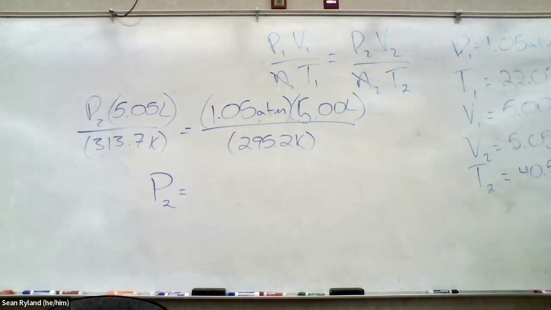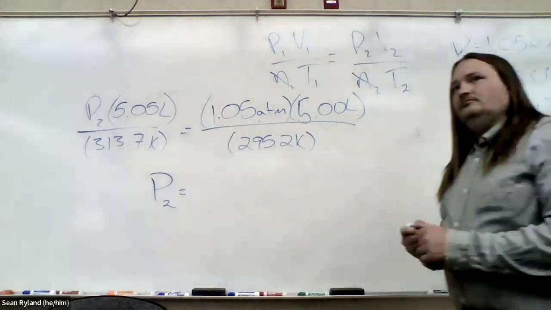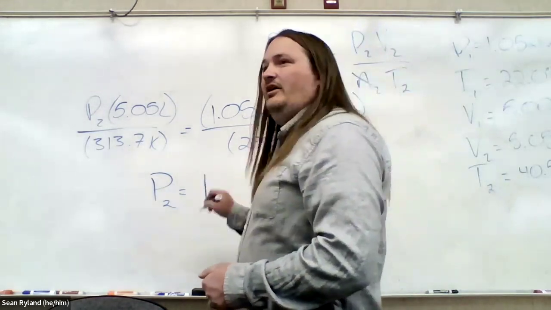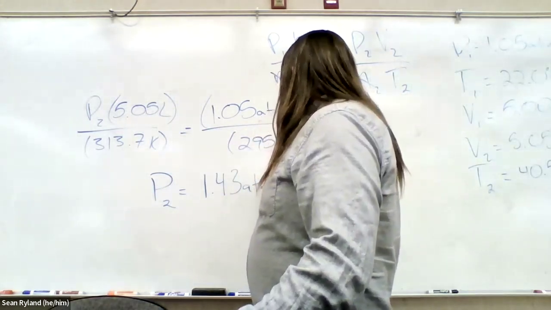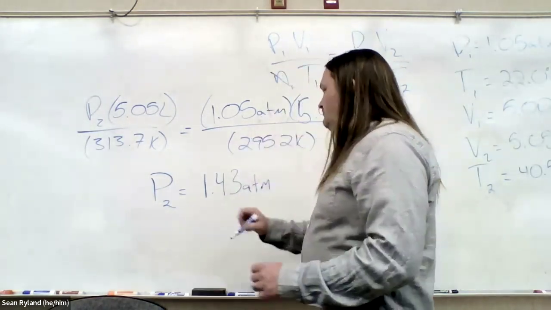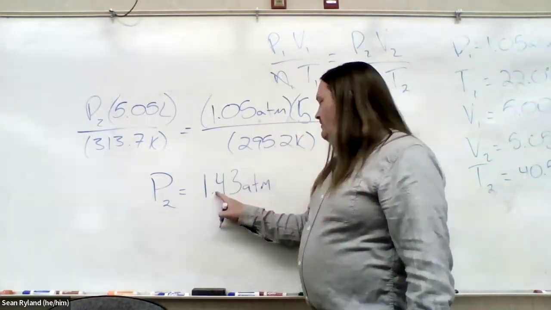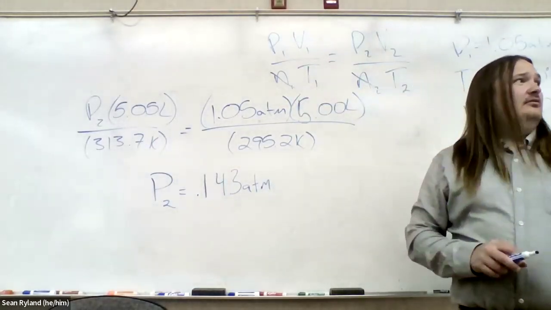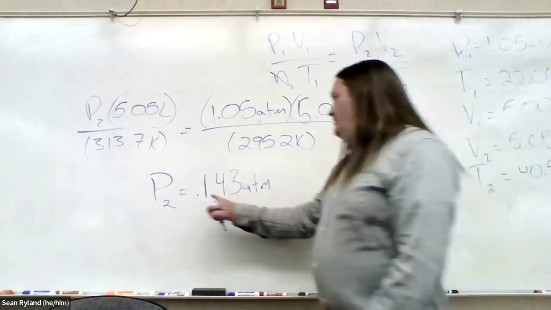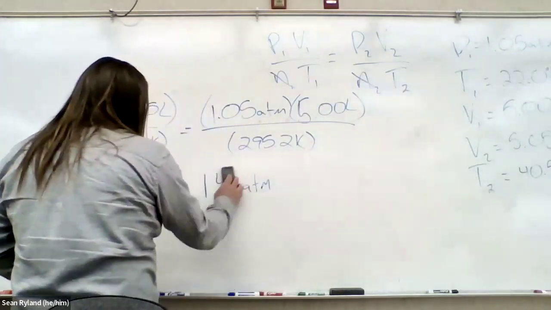What do we get for a number? 0.143? That doesn't make a whole lot of sense. 1.91 makes a little bit more sense.